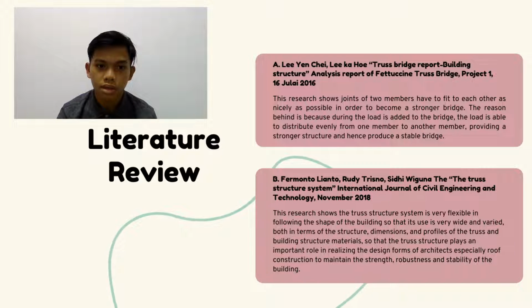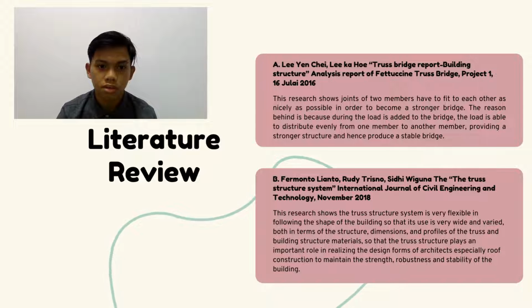The second article is written by Fermonto Lianto, Rodi Trisno, and Ridiwiguna. The title is The Truss Structure System. This article is from the International Journal of Civil Engineering and Technology, written in November 2018.